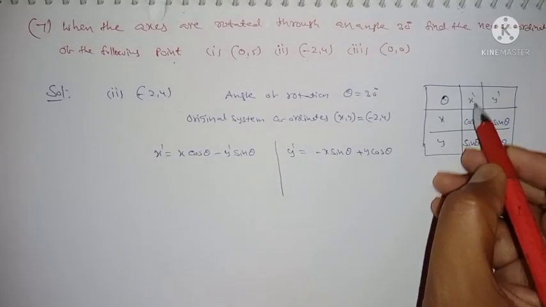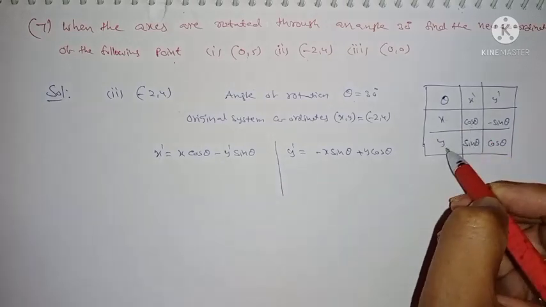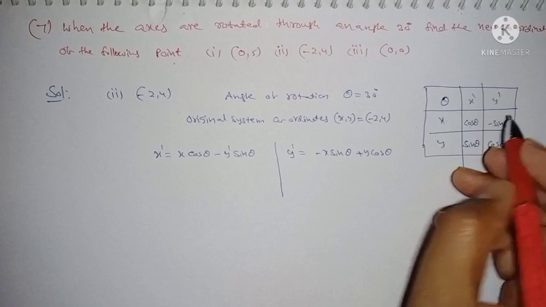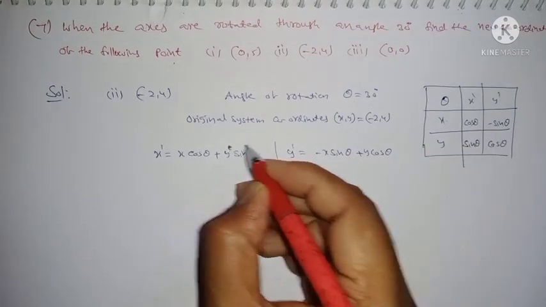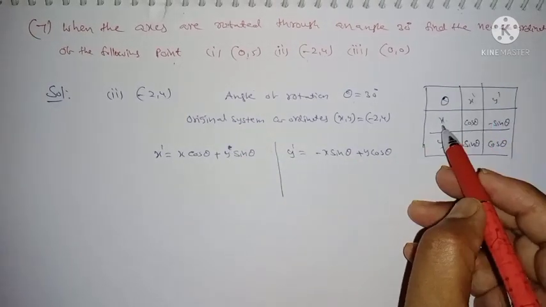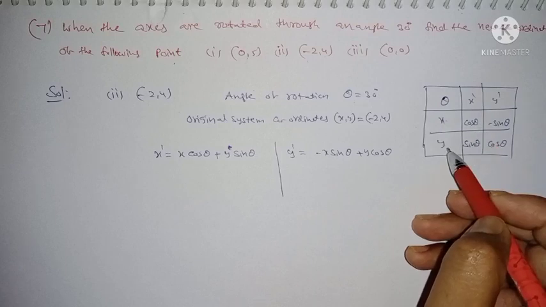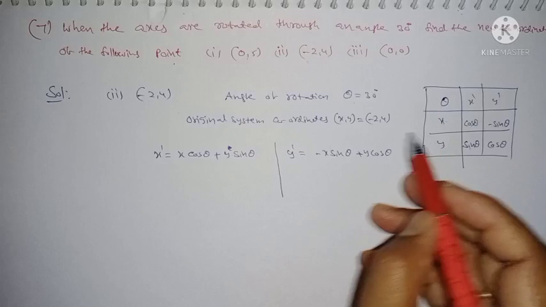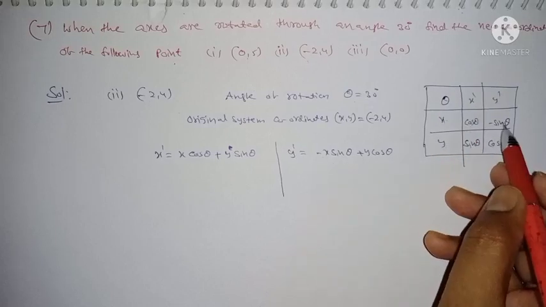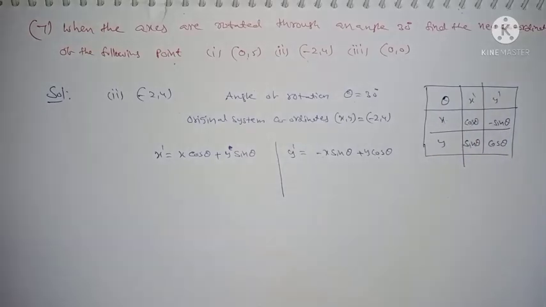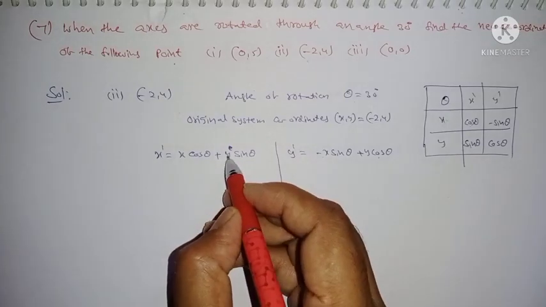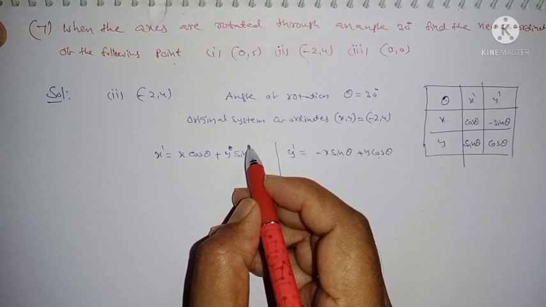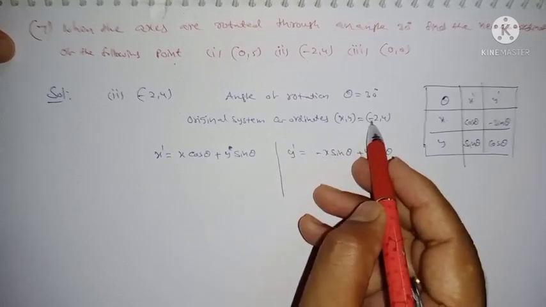x dash is equal to x cos theta plus y sin theta. Again y dash is equal to minus x sin theta plus y cos theta. Therefore, you can substitute the values of x and y and the theta value.